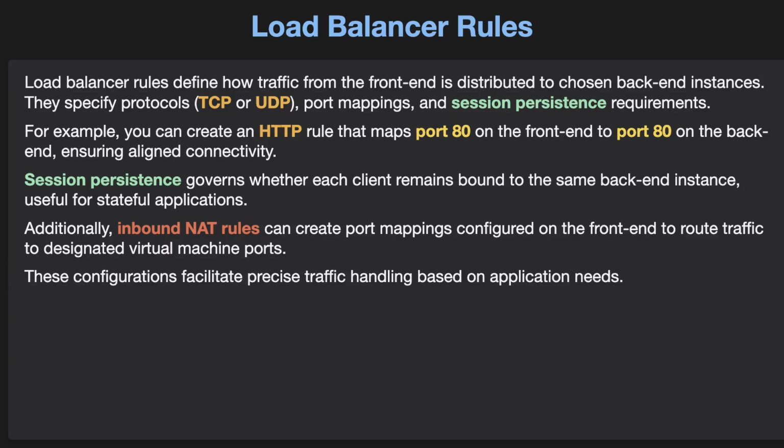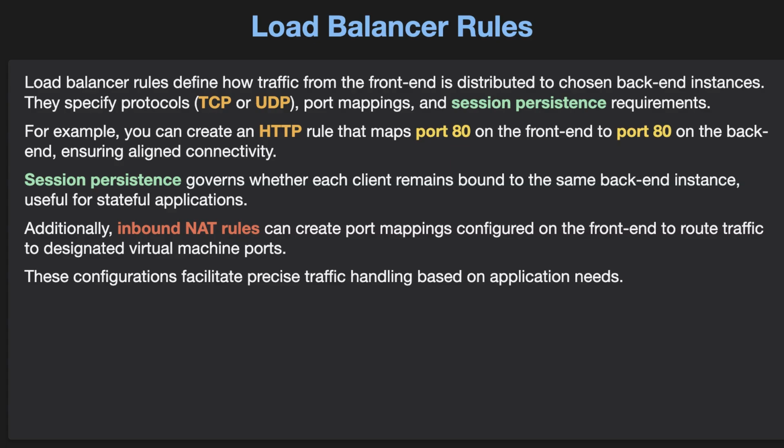Load balancer rules define how traffic from the front end is distributed to chosen backend instances. They specify protocols, TCP or UDP, port mappings, and session persistence requirements. For example, you can create an HTTP rule that maps port 80 on the front end to port 80 on the back end, ensuring aligned connectivity.